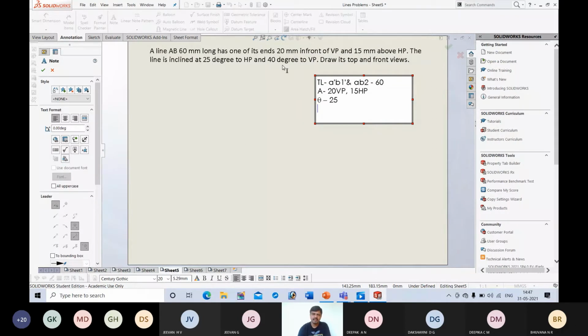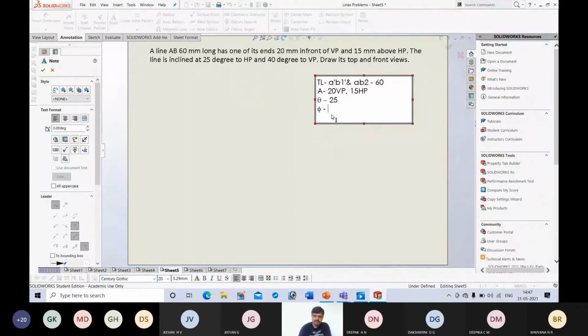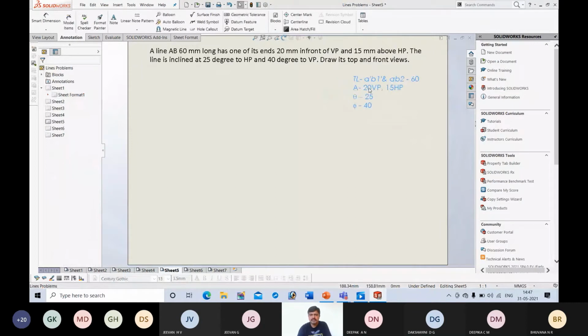That means it is a true inclination. So that is denoted by phi. Phi is 40.